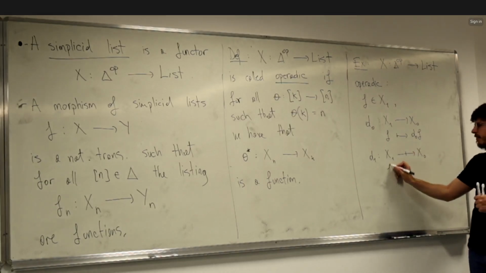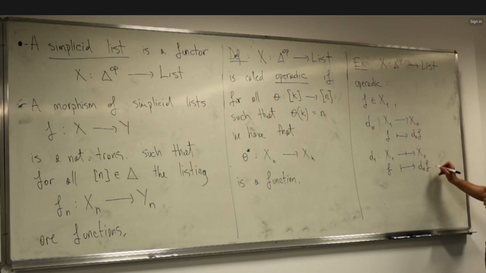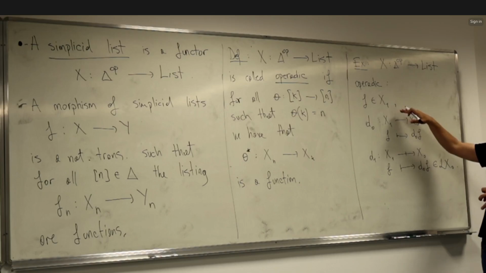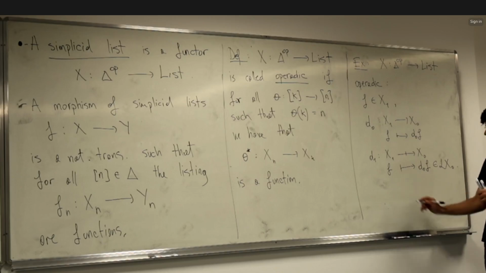So it will take f and assign a sequence of elements in X0 to it. So really, every one-simplex in a simplicial list like this can be imagined as an operation.